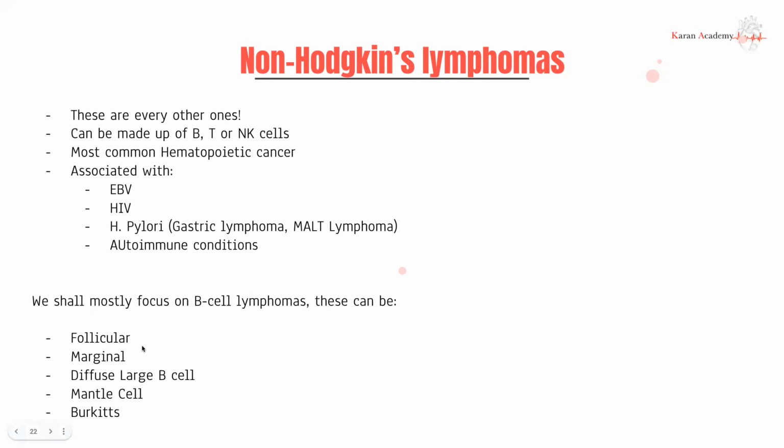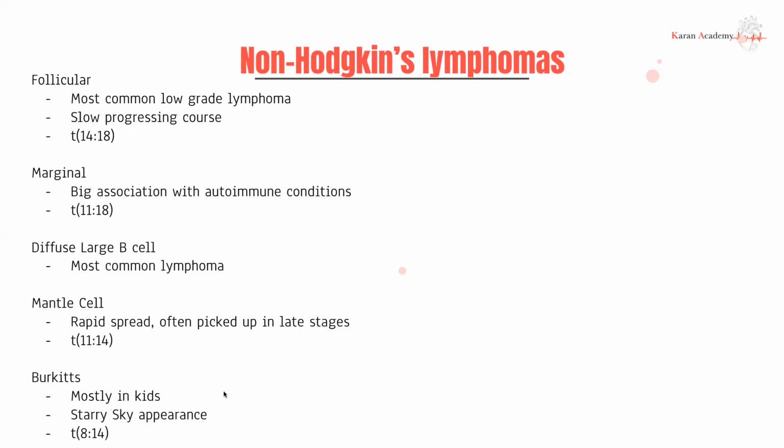Follicular arises from the cells that were meant to die that don't. And this is obviously going to be in the follicles. Marginal is going to be a naive B cell just as it enters the follicle, found in the sorry, my bad. That's going to be a mantle cell. Marginal are going to be around the margins of the lymph nodes. Diffuse large B cell and Burkitt's lymphoma are going to be those lymphomas of the rapidly dividing B cells.